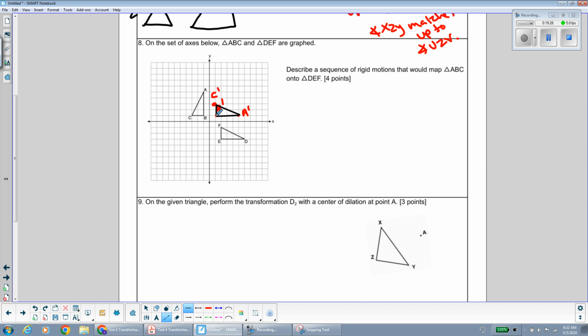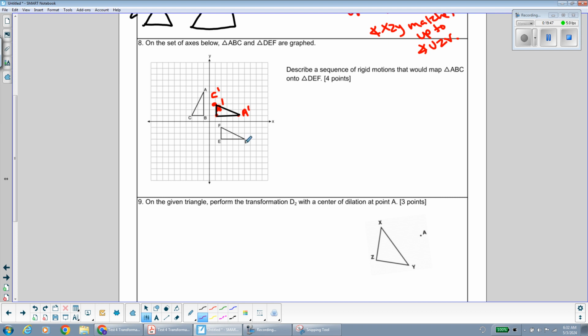And now let's check out the orientation. So A needs to match up with D, and A does match up with D. B needs to match up with E, and B does match up with E, and C matches up with F. So we're all good. The last thing we need is a translation.